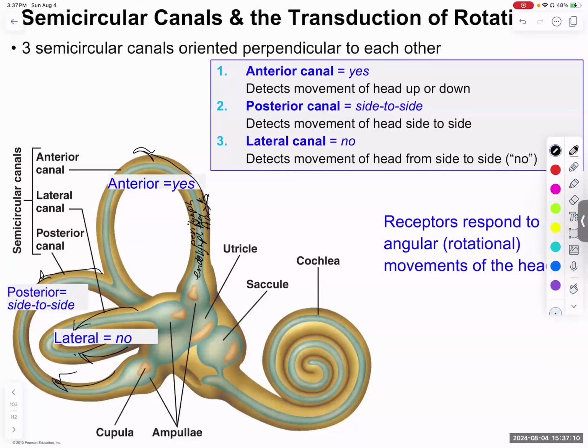That would be the lateral canal. These are for rotation, right or left. Posterior would be side to side, like doing a cartwheel to the right or left. And then anterior would be doing a somersault forward or back.